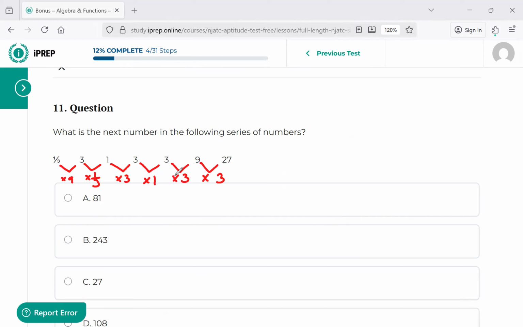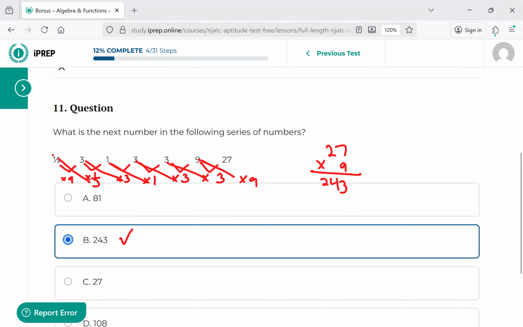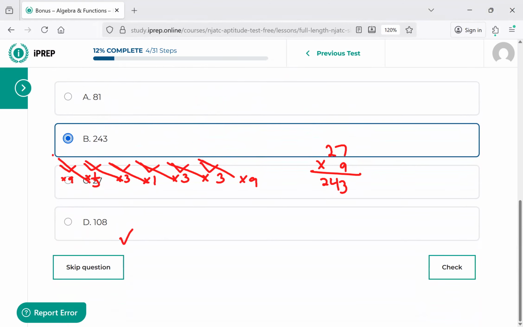So 1/3 matches with this number, 3 matches with 3, 1 matches 1, 3 and 3, 3 and 3. So what do you think the next one has to be? Yep, you said it. You have to multiply by 9 because this number is 9. So you multiply 27 by 9 and you get 243. Yeah, that one's a little bit tricky.